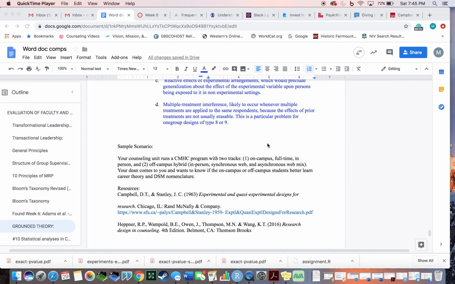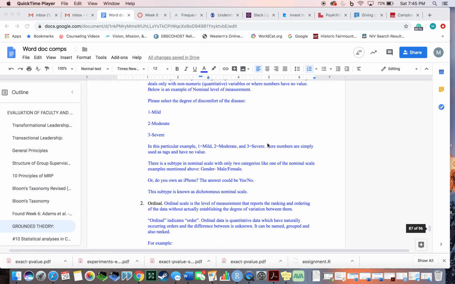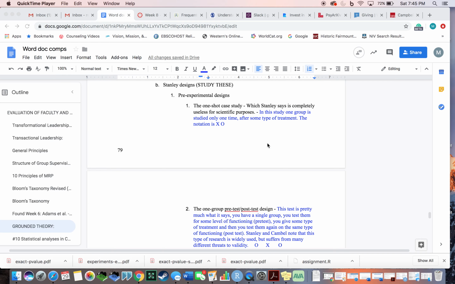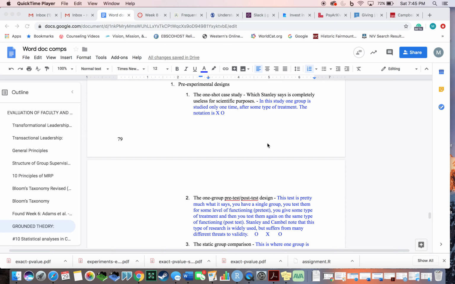Okay, so let's go up to our designs, all right? So in our designs, what we need to think about is there's no way to randomize people into the hybrid class versus the on-campus class. Okay, people are going to choose those on their own.